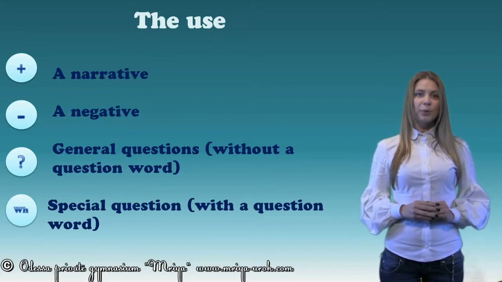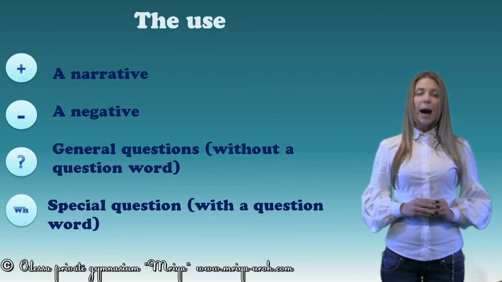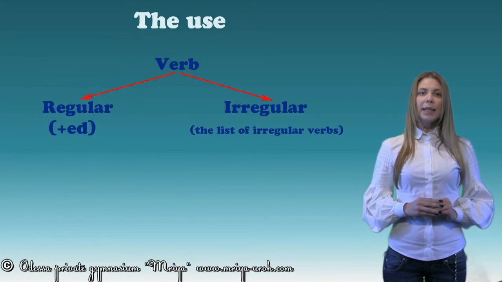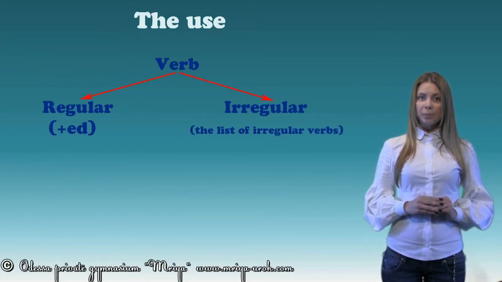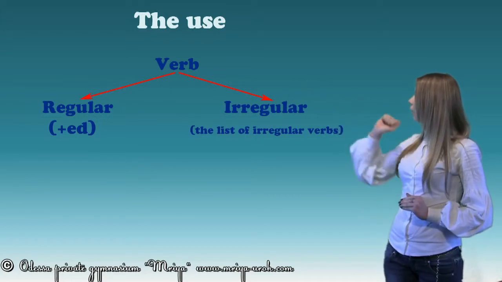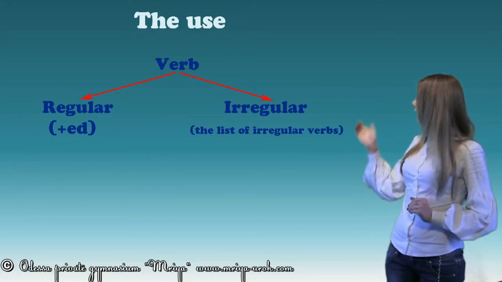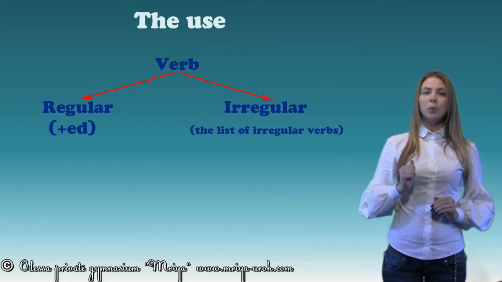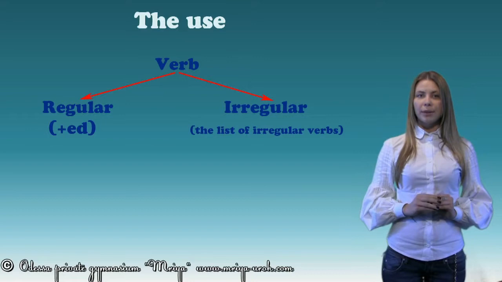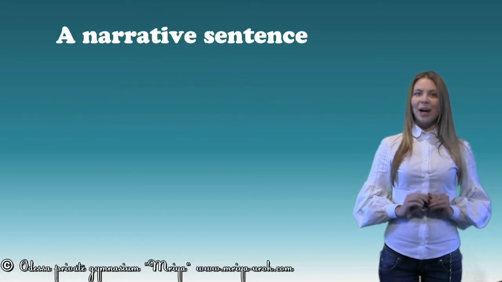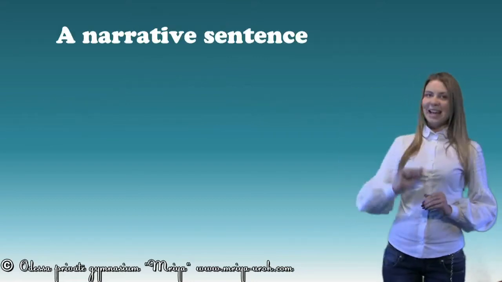Before I tell you how to form a narrative sentence, I want to remind you that all English verbs are subdivided into 2 types: regular ones, which add ed endings in the past tenses, and irregular ones, which make up a list of irregular verbs. So, how do you make a narrative sentence?